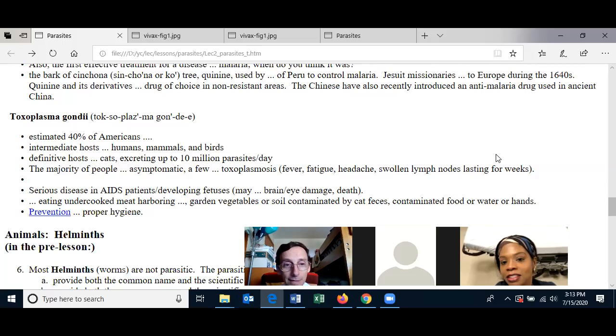So in cats, that's where the parasite reaches final maturation. And this parasite has to live in at least 2 hosts. It has to live in an intermediate host, and then to finish its life cycle, it has to live in the cats. Okay? The majority of people are actually asymptomatic.